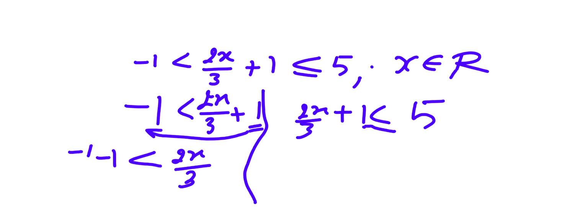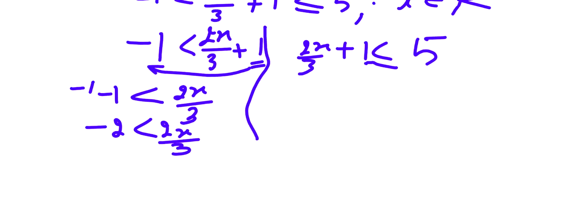Now it becomes minus 2 less than 2x by 3. Clear? In the next step, 3 will multiply on the left. So minus 2 into 3, which is less than 2x. So minus 6 is less than 2x.